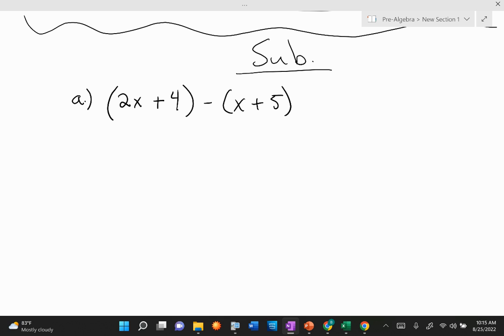On the subtraction problems, you have to do distributive property every time. What do we have to distribute? What's the only thing that's situated right outside of a parentheses? Yeah, the minus or the negative sign. You have to distribute that. How are you going to distribute that?